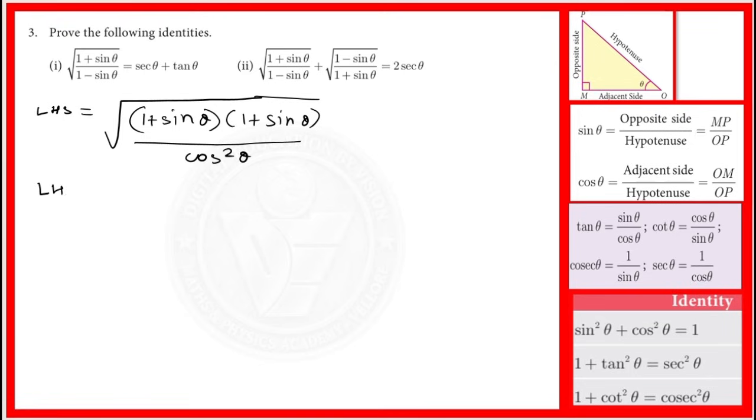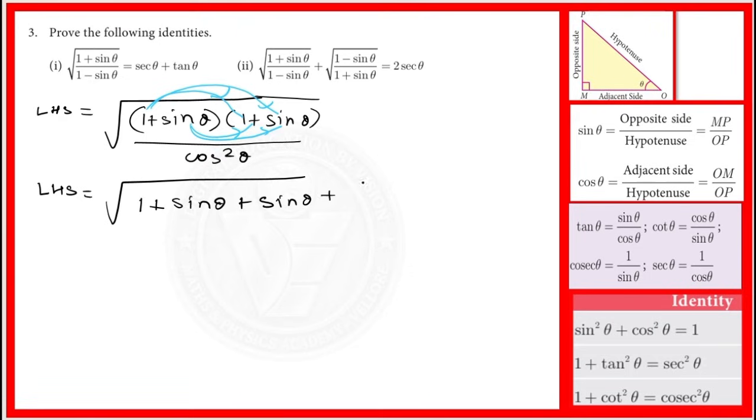Now multiply: 1 into 1 is 1, 1 into sin theta, sin theta into 1, sin theta into sin theta. So we get 1 plus sin theta plus sin theta plus sin squared theta, divided by cos squared theta.